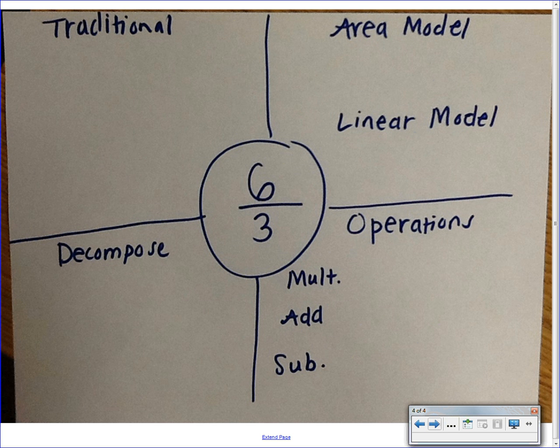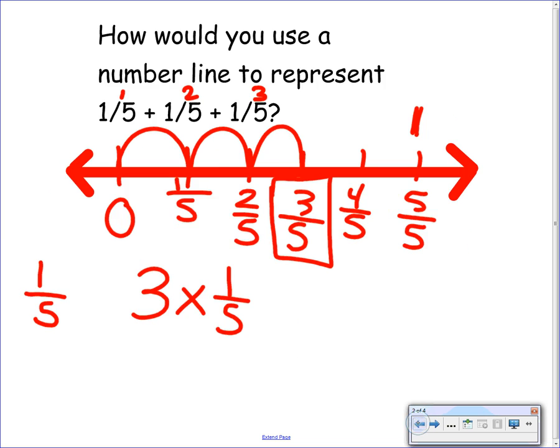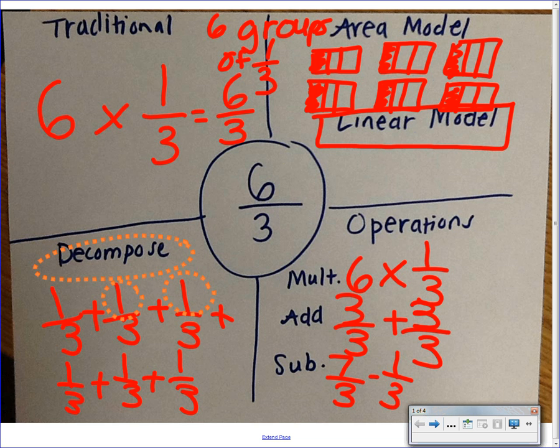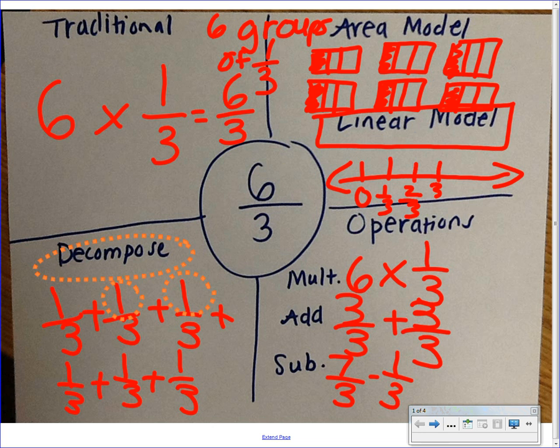All right, so I want you to go back to your chart that you copied in your book and look back at that. We're going to make a linear model for 6/3. So I want you to go ahead and make your number line. Remember, our number line always starts at 0. We know we're using the unit fraction 1/3, so we're going to do 1/3, 2/3, 3/3, 4/3, 5/3, and 6/3.